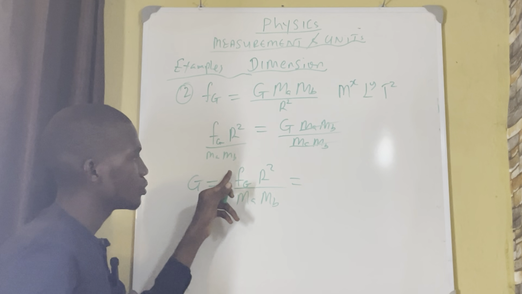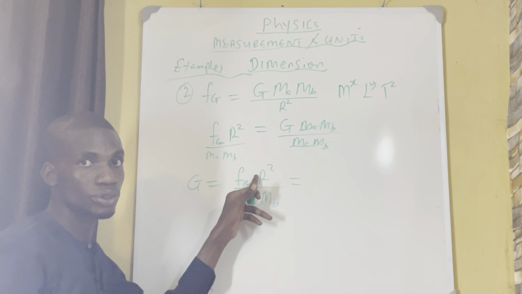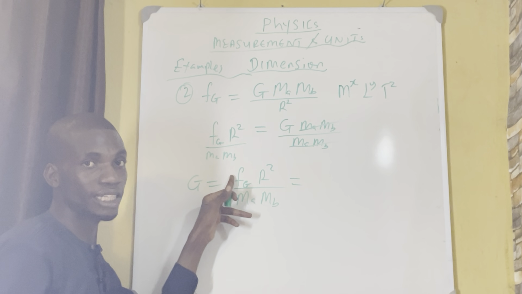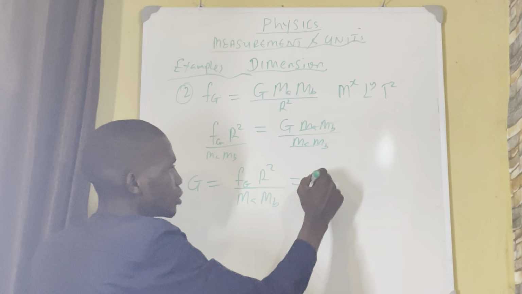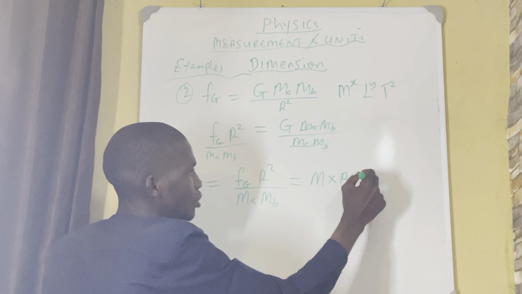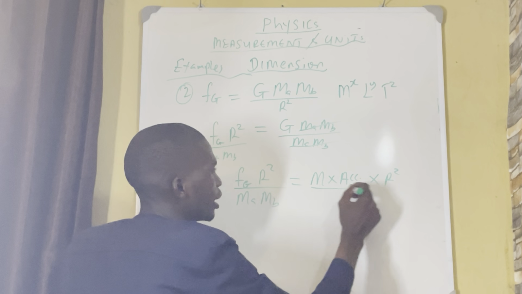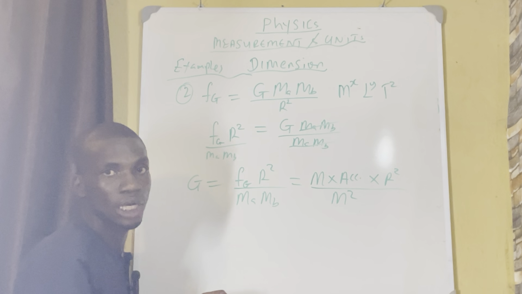So now you have gotten your masses, you have gotten your distance, which is L squared. It remains the force. So now our force is mass times acceleration times L squared, everything over M squared.